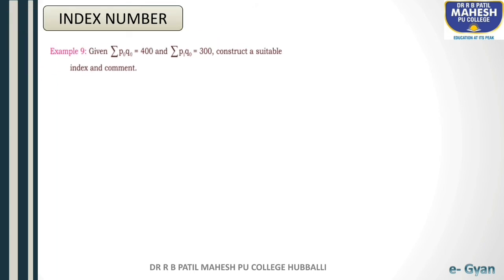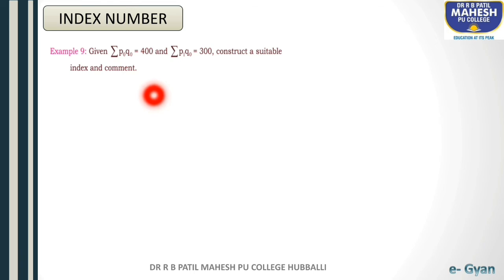Students, let us take 2 marks examples. Given summation P0 Q0 total is 400 and summation P1 Q0 total is 300. Construct a suitable index and comment. So this is a 2 marks question.